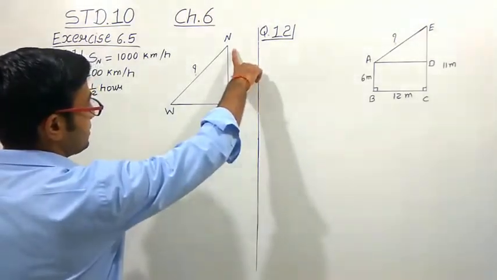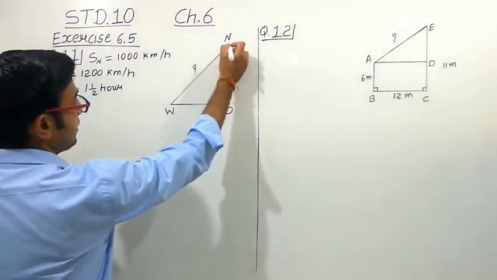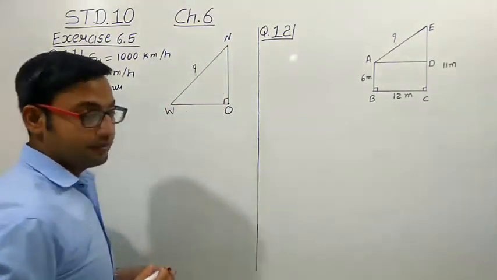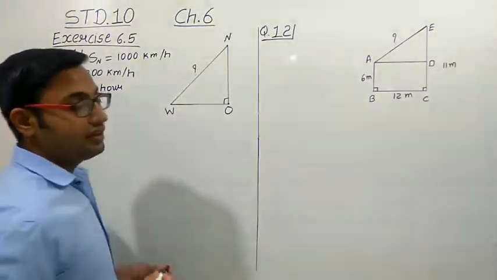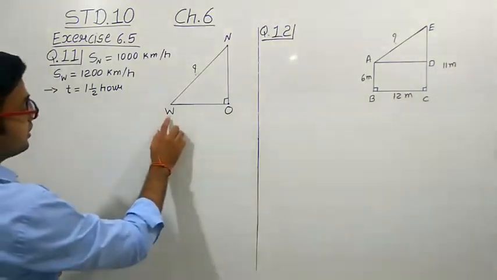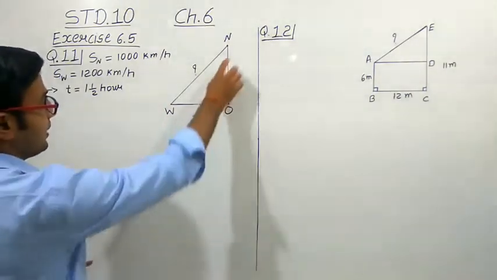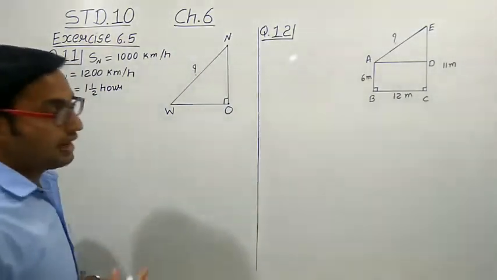So both planes after 1.5 hours, let's suppose one of the planes is here and the other one is here. When we join these two, we get a right angle triangle, right? Here we have to assume that both these planes are flying at the same height, so that this becomes a right angle triangle.